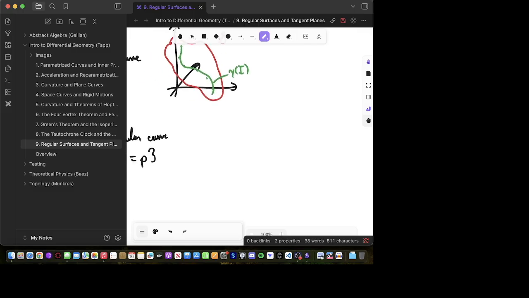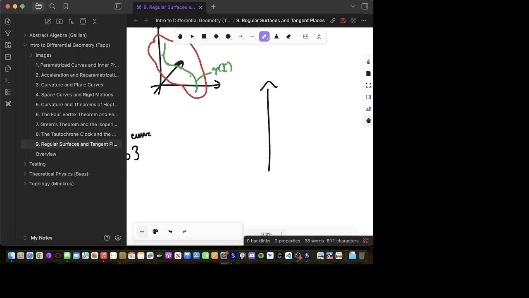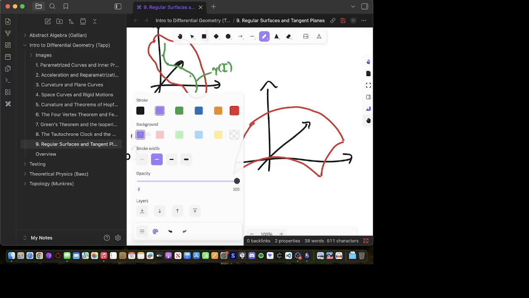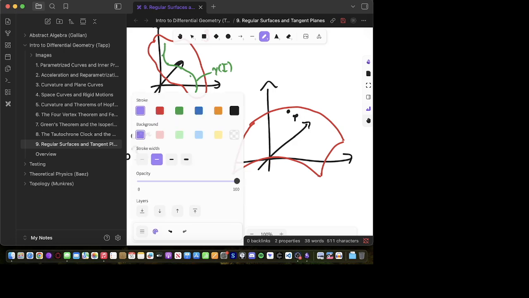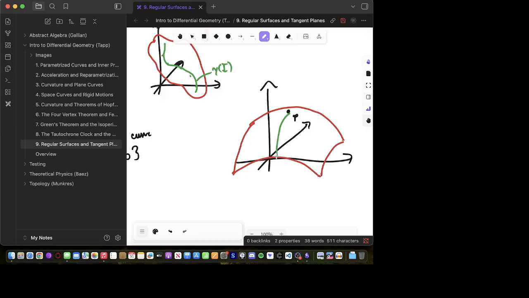So what are we saying with that? Let's say we have a regular surface like that, and we're looking at a point P. There's a curve going this way, so there's a velocity vector that way. And of course it can be at different speeds, so it could be twice as long or thrice as long.